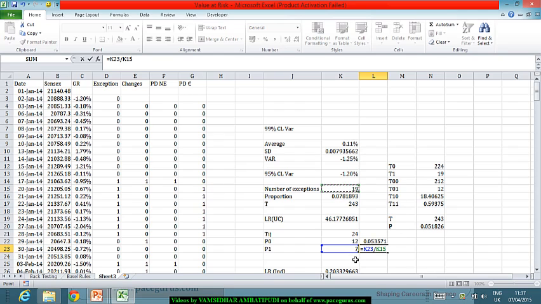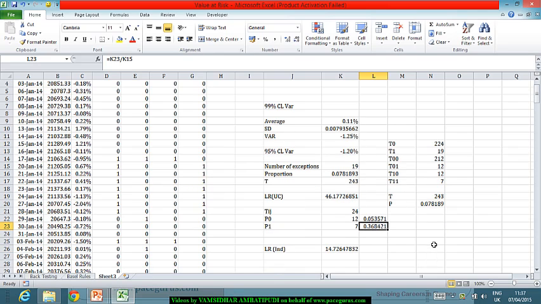P1 is nothing but the probability that there is an exception on a particular day conditioning on an exception on the previous day. So P1 actually comes out to this, which now results in an LR of 14.72.